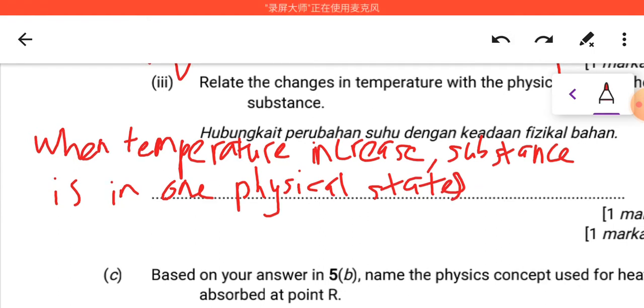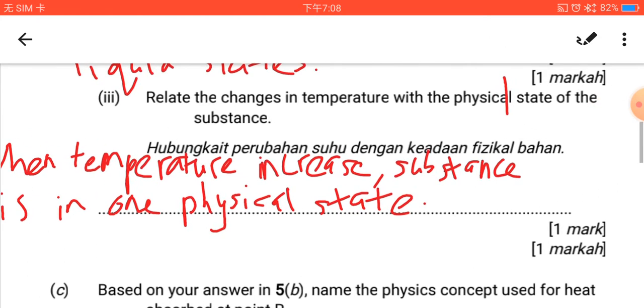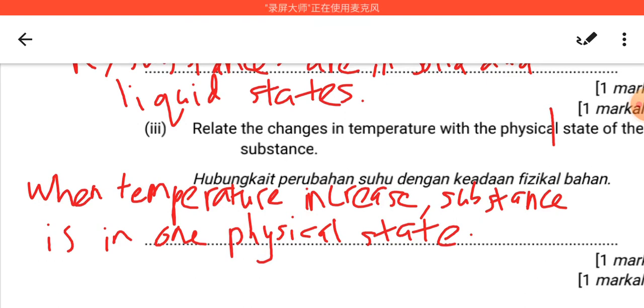If I write when temperature remains constant, the substance is in two physical states.